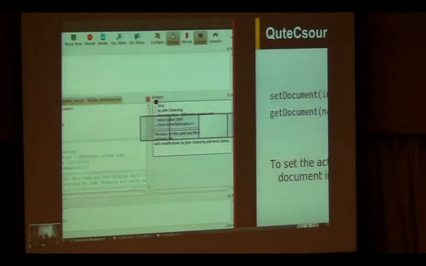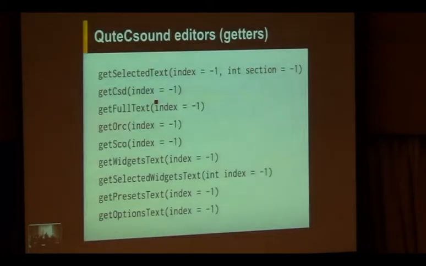You can also manipulate csound qtsound editors. You can get the selected text and get parts of the text, like the CSD, which is everything between the csound synthesizer tags. You can get the full text, including widgets, cabbage text, CSLabs text, whatever is in there, or just sections like the orc or the score. So let's go to this one.